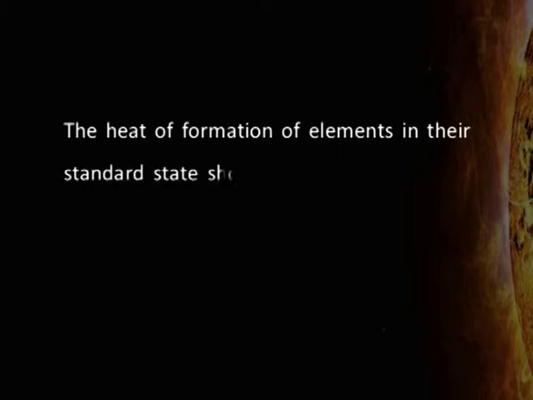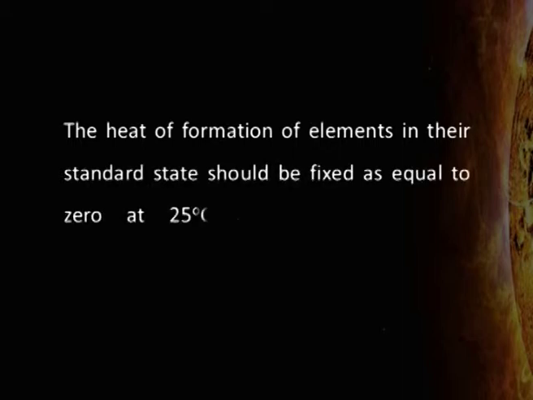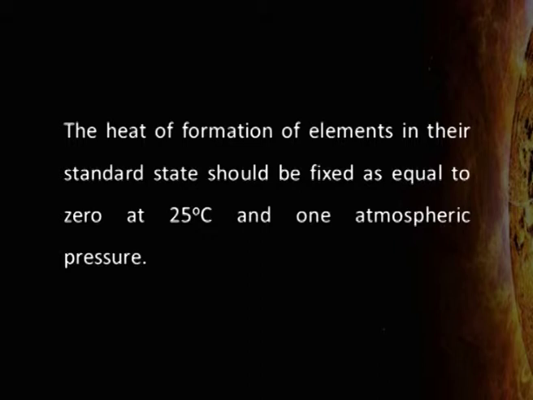For thermochemical calculation of heat of formation of substances, the heat of formation of elements in their standard state should be fixed as equal to 0 at 25 degrees Celsius and 1 atmosphere pressure.